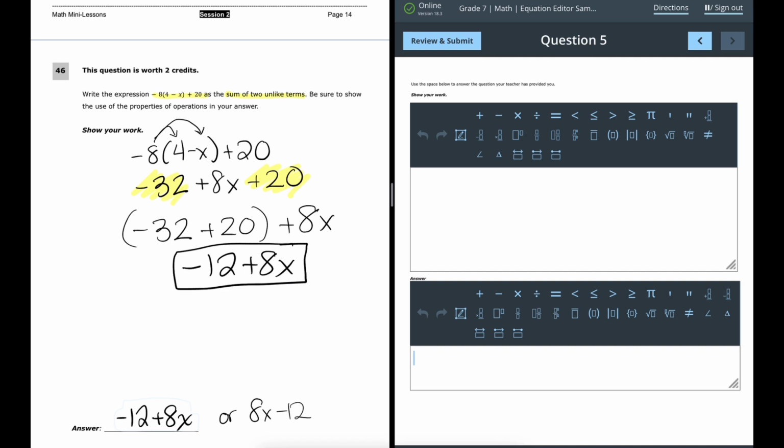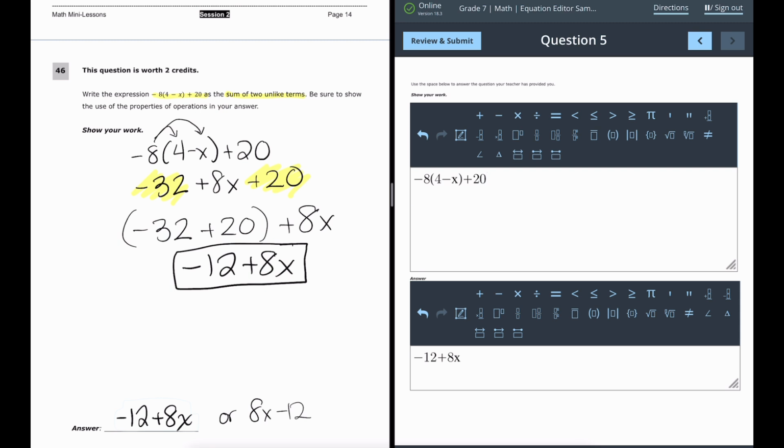All right, this one won't be so bad to show work, thankfully. So let's start by putting our final answer. Write the expression as the sum of unlike terms. So I'm just going to put negative 12 plus 8x. That's all I have to do. All right, and now I'm going to show it. I'm going to start by just writing it out. So negative 8 times 4 minus x plus 20. Okay?